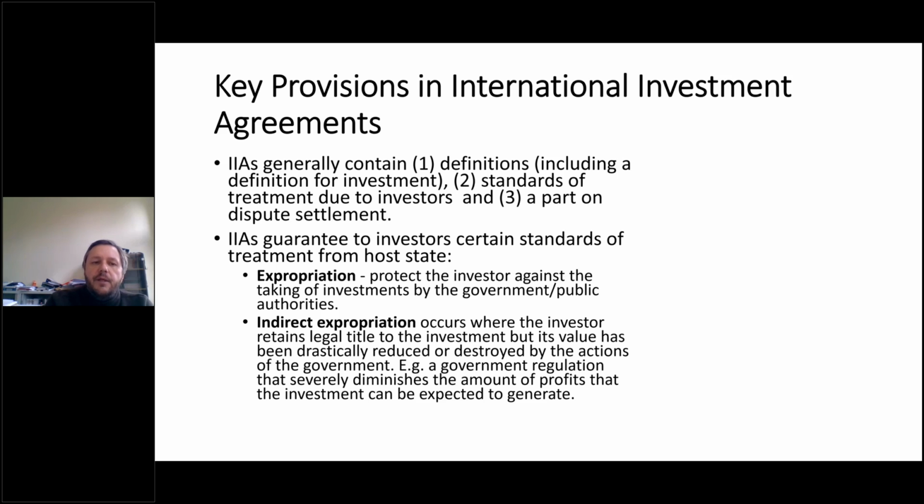And there is a difference here between direct expropriation and indirect expropriation. With direct expropriation, it's meant that states cannot take the investment by an investor.